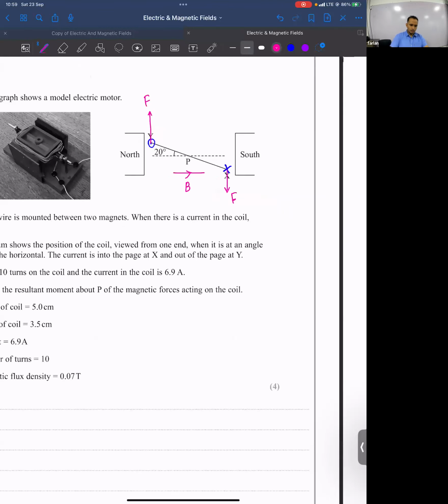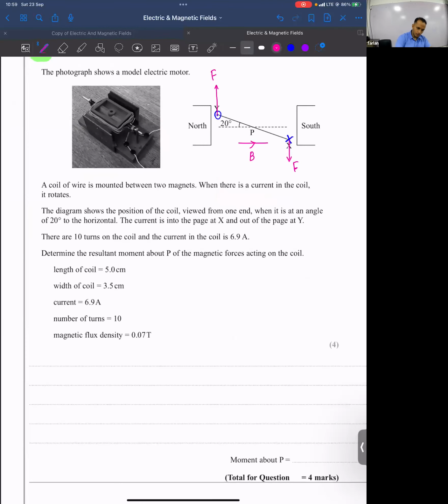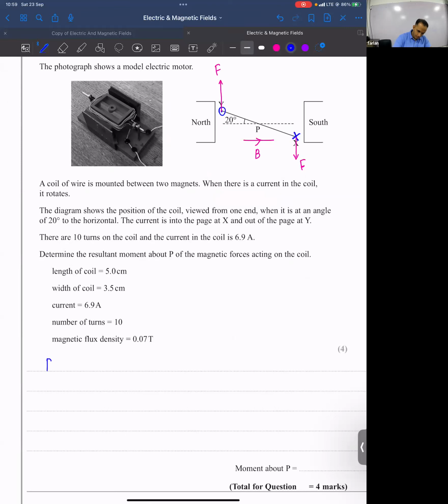So to see what that force is, if I use F equals BIL, F equals magnetic flux density is 0.07, current is 6.9, into the length of the coil, which is given as 5 centimeters, which is 0.05. That will give you the force acting on one piece of wire.